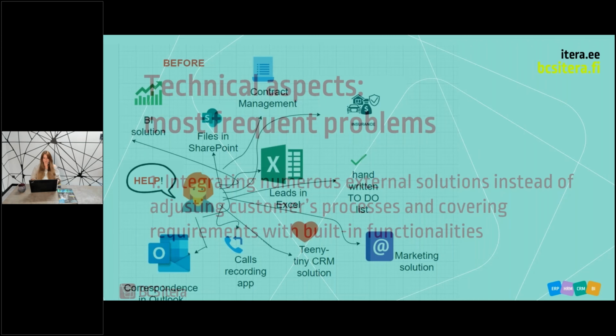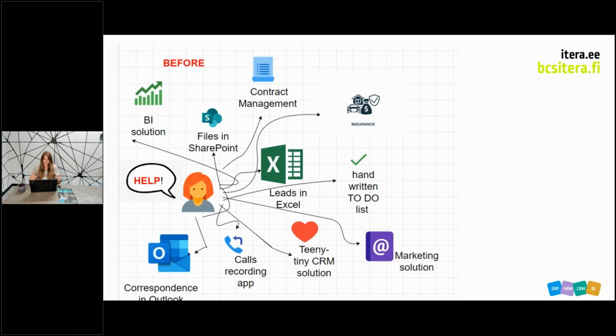So how does it look? Imagine there is a salesperson who has to use all kinds of applications just to walk through her day-to-day processes. So probably she's using a teeny tiny CRM solution where she has her customer database and main lead information and main processes, but also she uses Outlook and she stores her files somewhere in SharePoint. And maybe the company has some call recording app because it is very important to know how the salespeople are communicating with the customers.